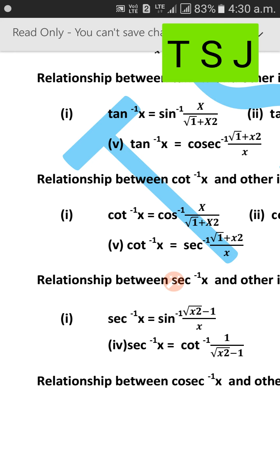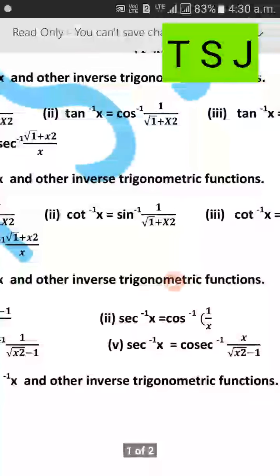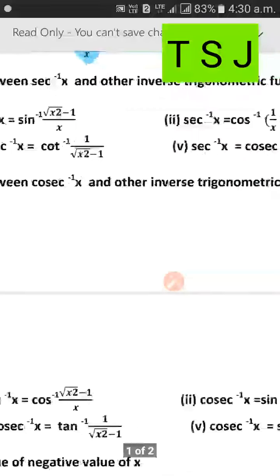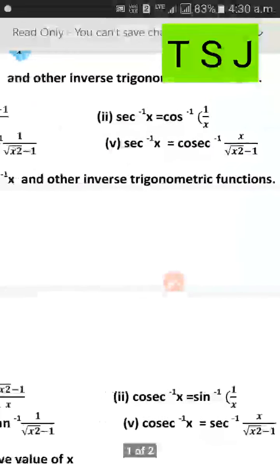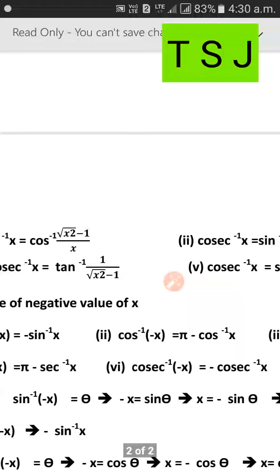Same way, cot inverse x, sec inverse x and cosec inverse x can be written in terms of other inverse trigonometric functions as given here.